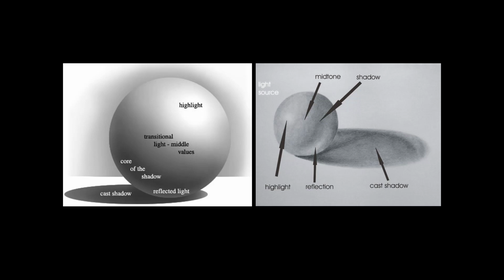Don't forget that most of the time the core of the shadow is the darkest part away from the light source and will frequently be darker than the cast shadow because the cast shadow will also have whatever value the object is resting on. So if we have a cast shadow on a light surface, it might actually be lighter than the core of the shadow. And there will usually be some reflected light bouncing back up. So these are all terms that you can figure out, but they relate to value.